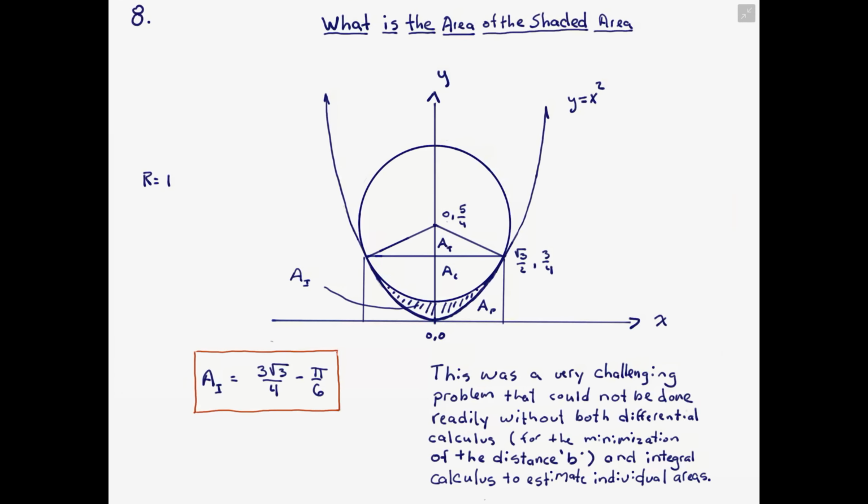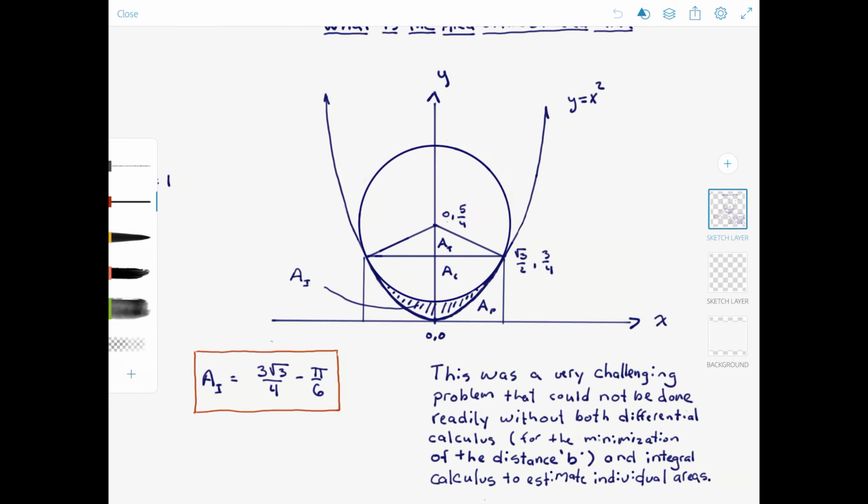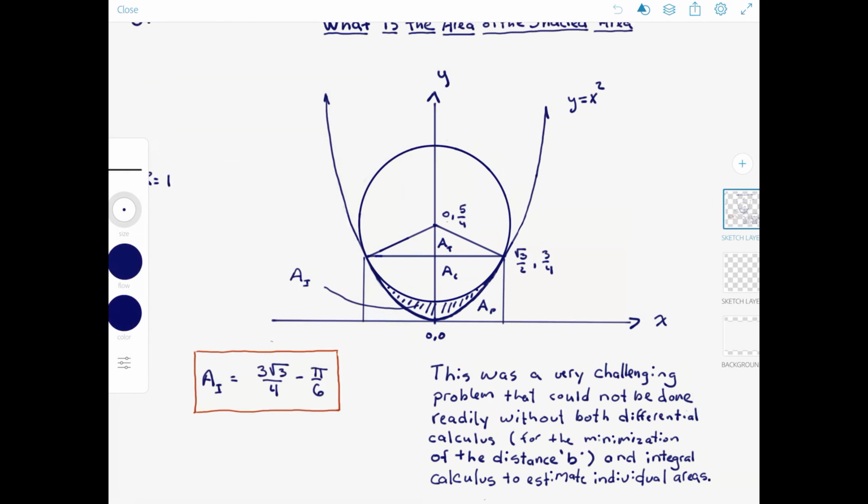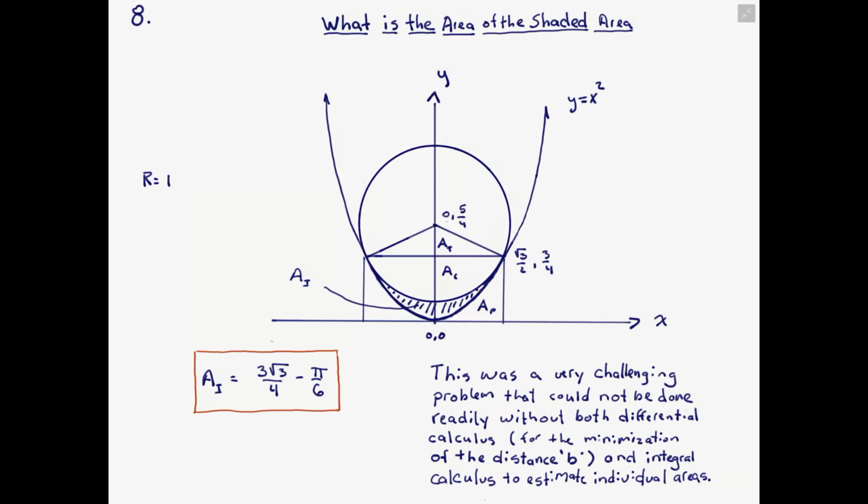So, as you could see, this was quite a challenging problem. It wasn't as straightforward as you might think, because you have to really think through the problem, especially with the concept of minimizing the equation such that you can find the coordinate B for the center of the circle.